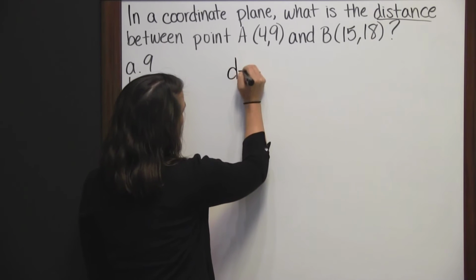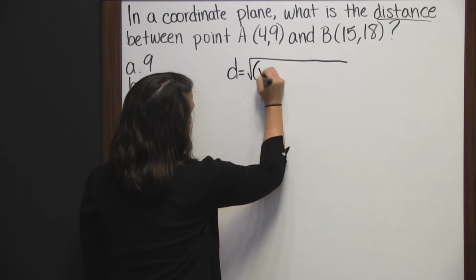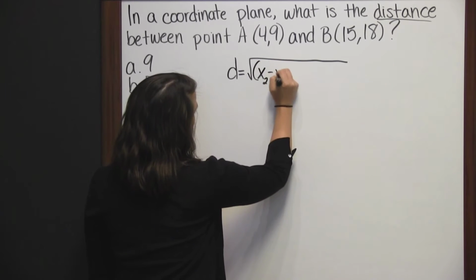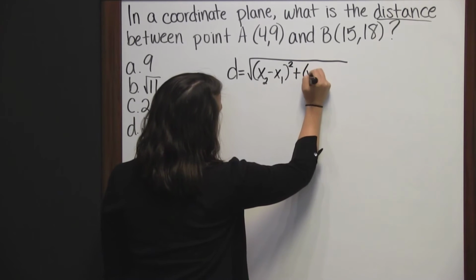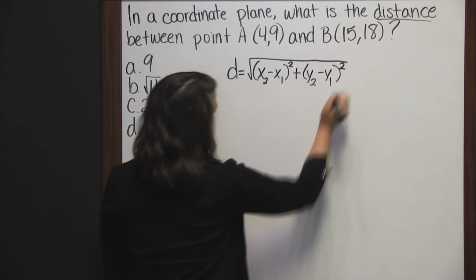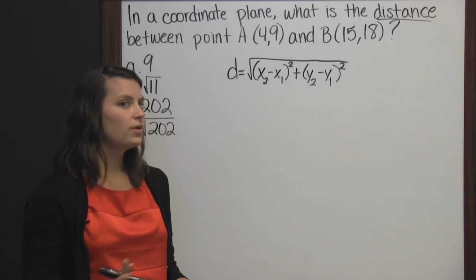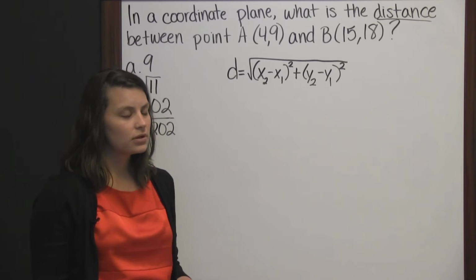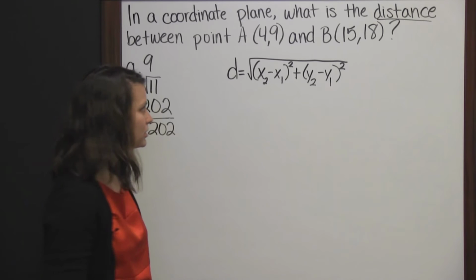The distance formula is the square root of x2 minus x1 squared plus y2 minus y1 squared. And the x2, y2, x1, y1 are just the coordinates of your ordered pairs.